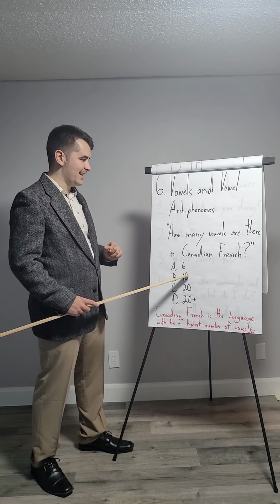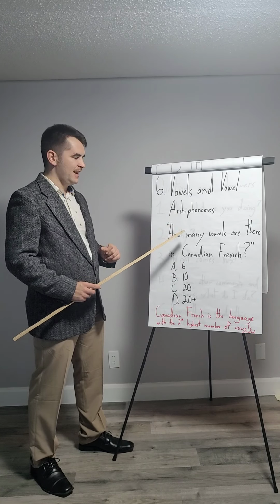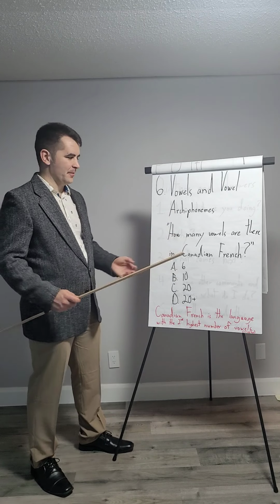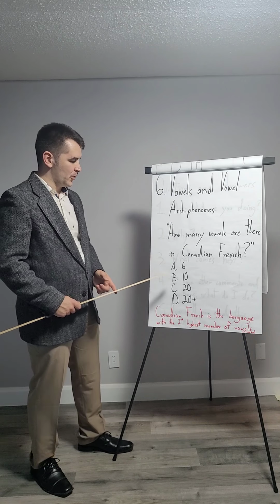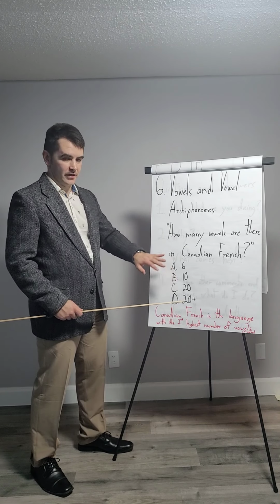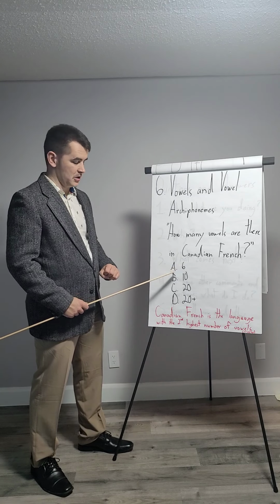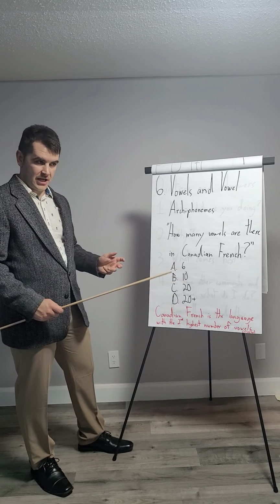Option B is 10, and that's more of an argument for archiphonemes. And I know I may not be pronouncing that well, but in French it's archiphonèmes, and that's what I learned in linguistics. So we'll get into more details another time, but in international French, you may make a very good case that there are only 10 vowels in international French.